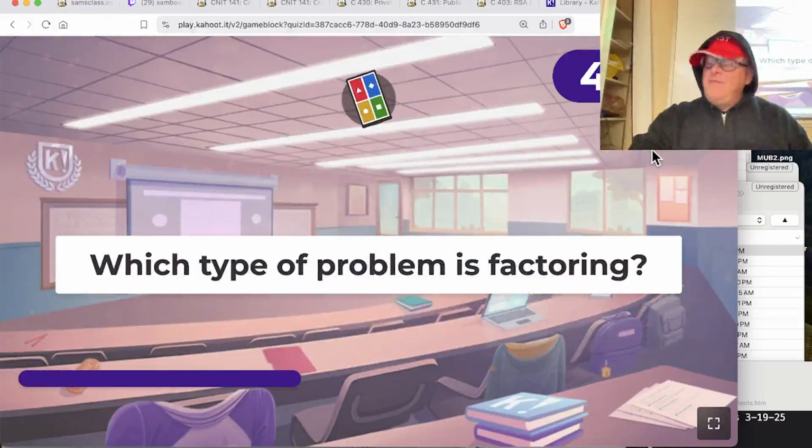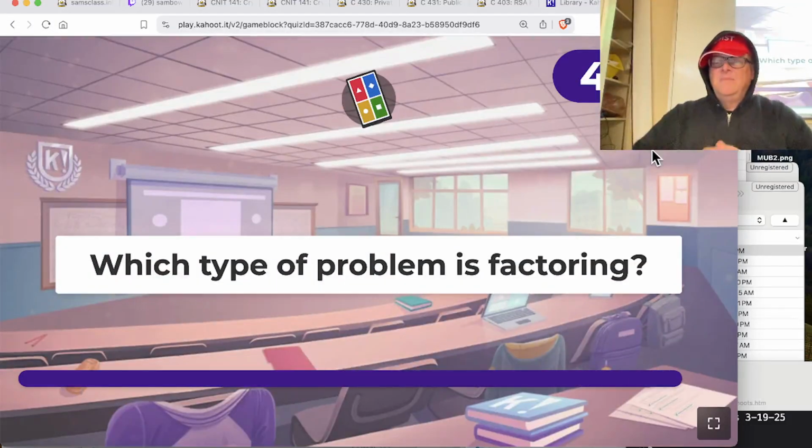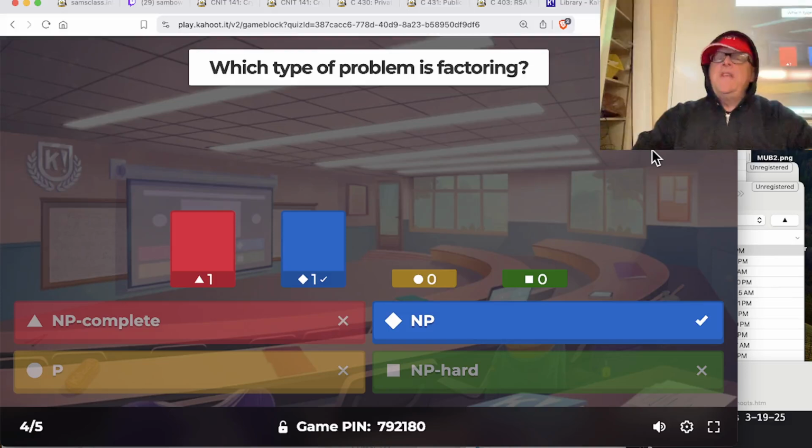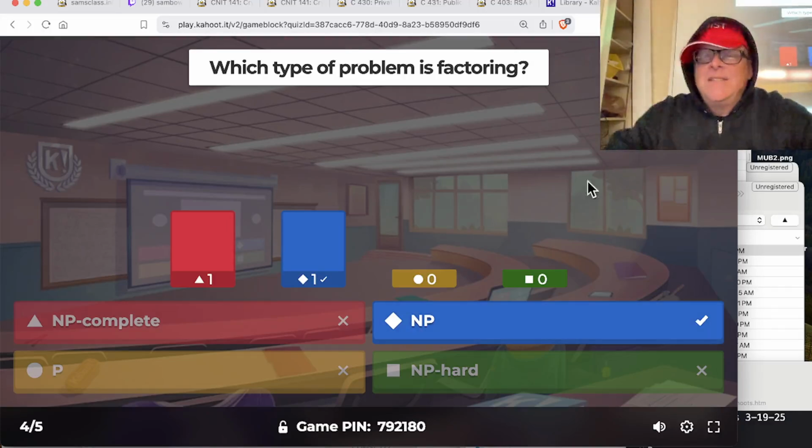All right, how about factoring? Well, it's in NP. It's not NP complete. It's not as hard as the knapsack problem, but it is in NP.